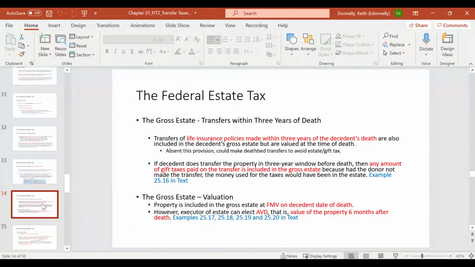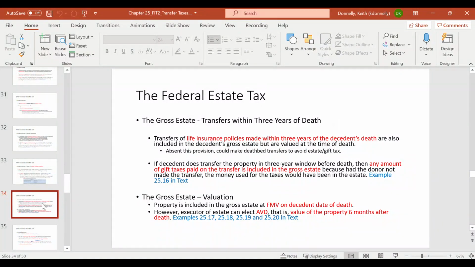So what does all of this mean? Like I said, I can just read this off to you, but I can tell you in a simpler way. We said that life insurance proceeds are part of the gross estate, which means that they could be taxable if you're subject to the estate tax. One thing a person might try to do is sell the life insurance policy, or basically get rid of it, or transfer ownership so it's not part of our gross estate.